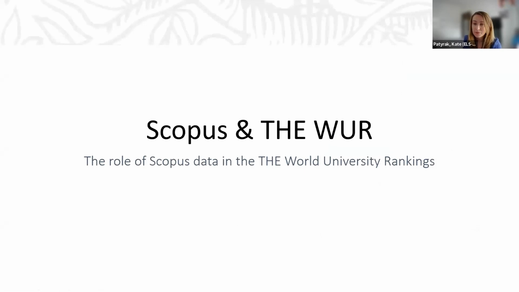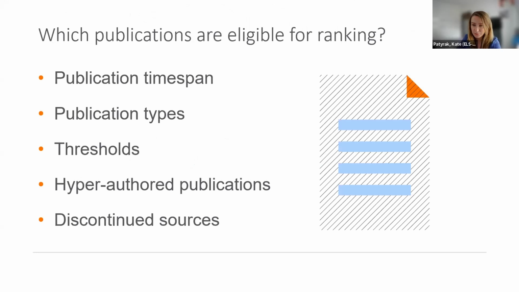Now that you hopefully have a deeper understanding of Scopus, allow me to dive a bit deeper into how Scopus data is being used in THE. A very popular question is which publications are eligible for the World University Ranking, and that's not a simple answer.